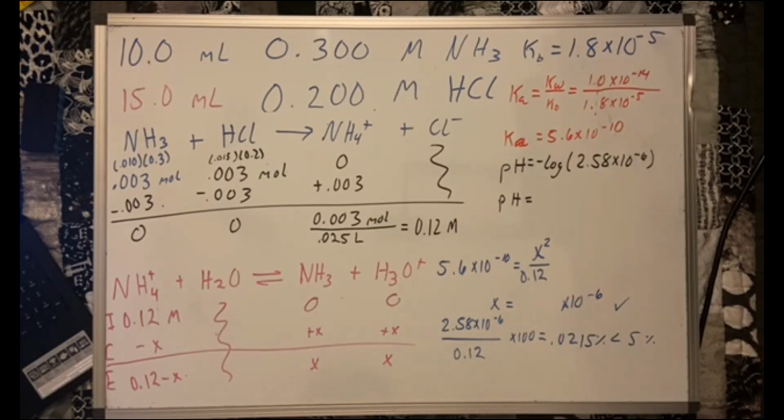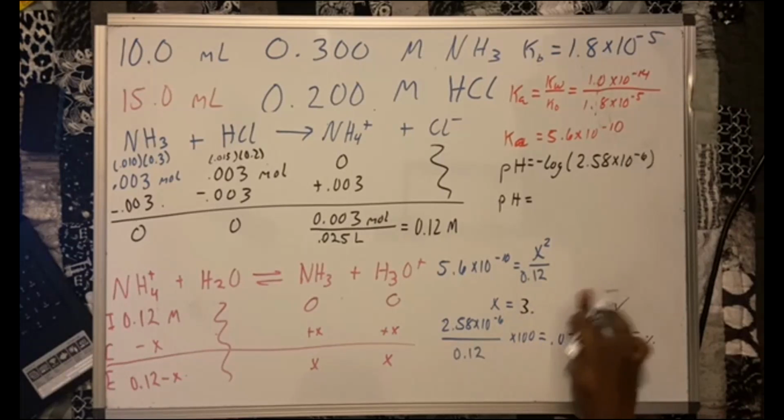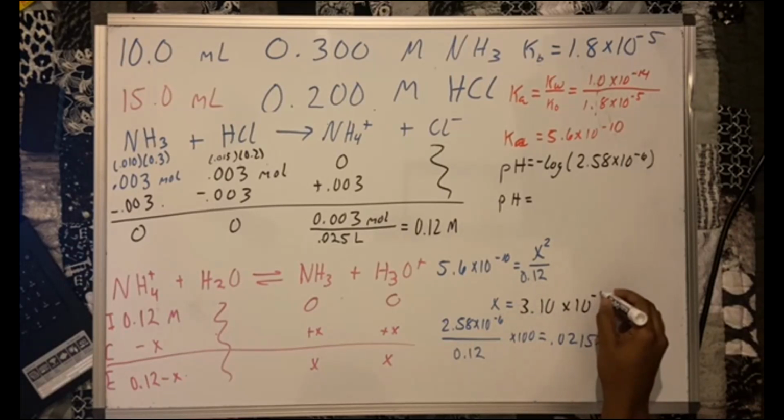How's this one? 3.0 times 10 to the -7. How's that? No? Yes? I still got something different.